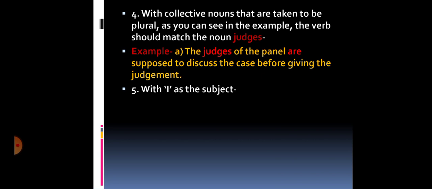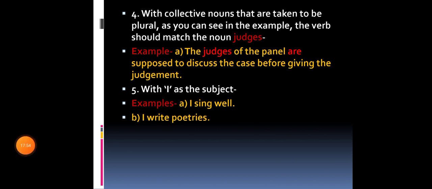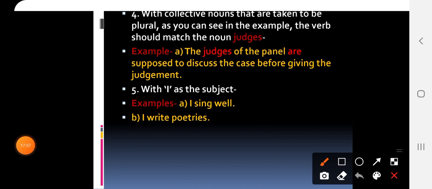Plural verb is also used with I as the subject. For example, I sing well. Second example, I write poetries. In example A, I has been used as the subject here, and when I is used as a subject, the verb is used without adding s or es to it if it is written in simple present tense.